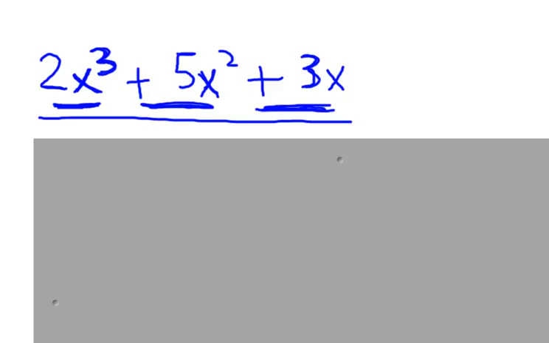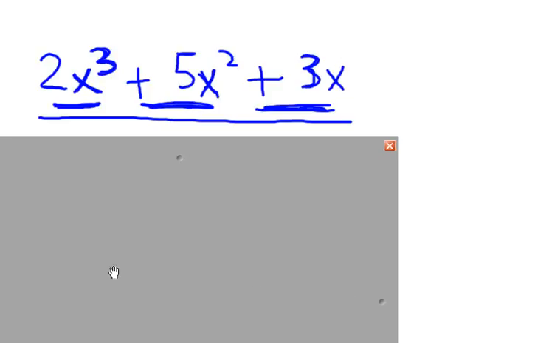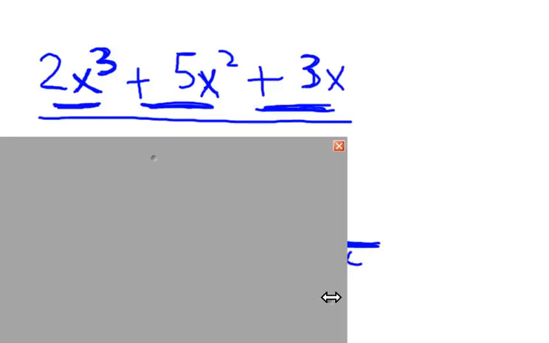All right, I don't know whether this is going to help you or hurt you understand the idea of different terms. If I think of an x, let's do it this way. If I think of an x as a length, and we're going to call this length x, it just has length. It doesn't have any area or any volume to it.